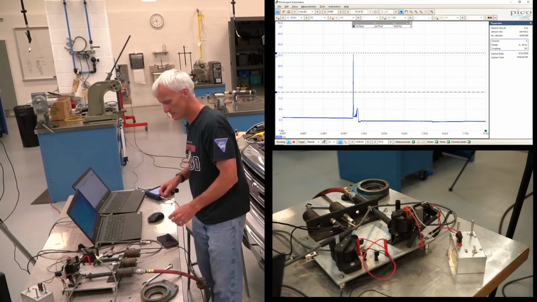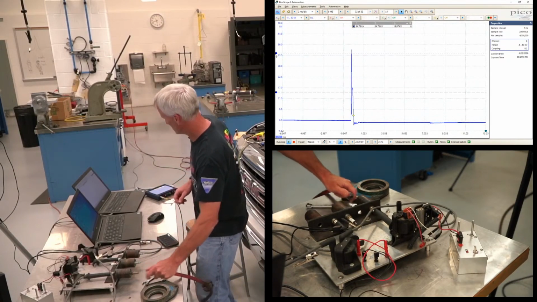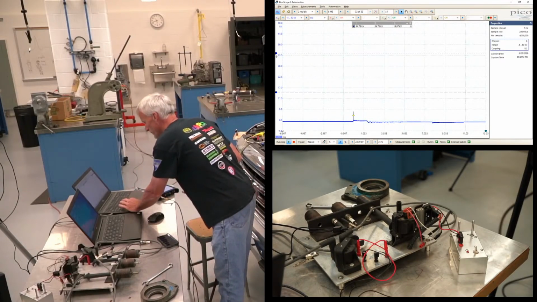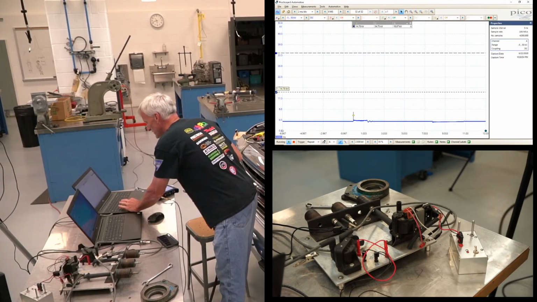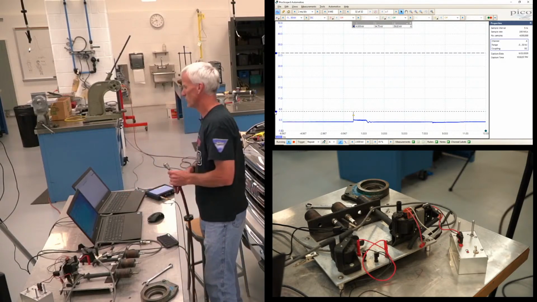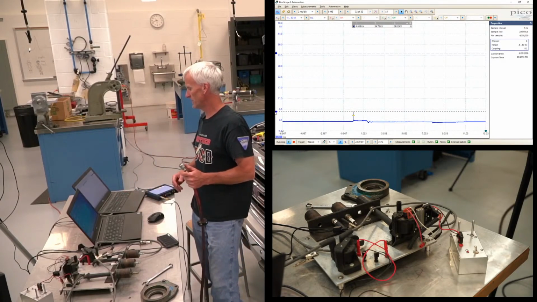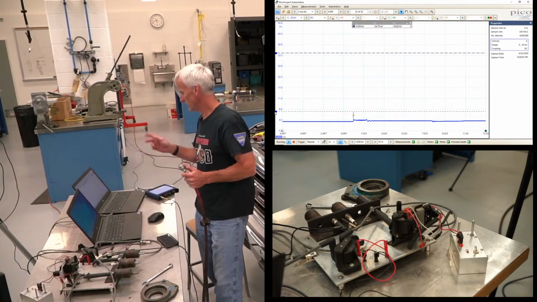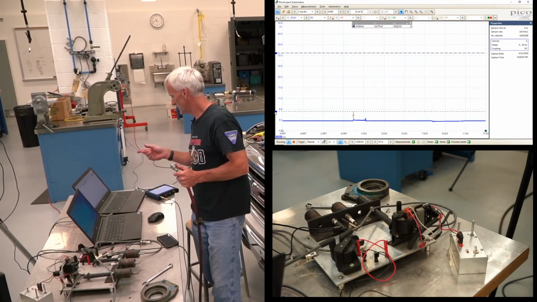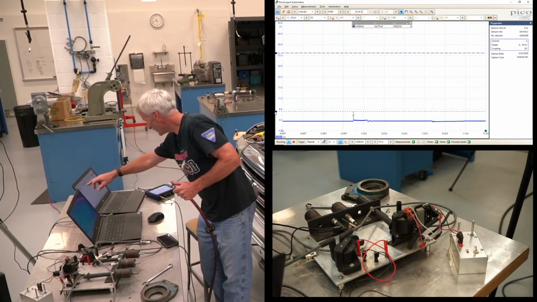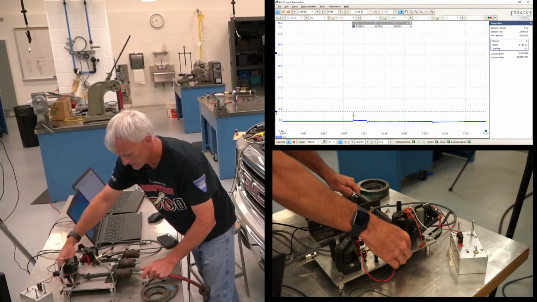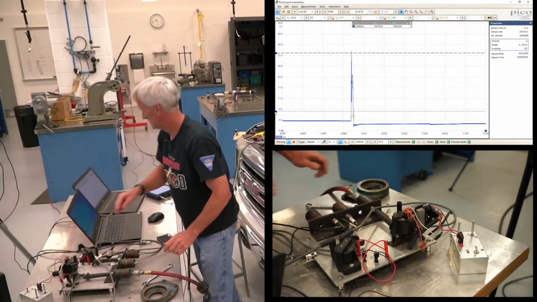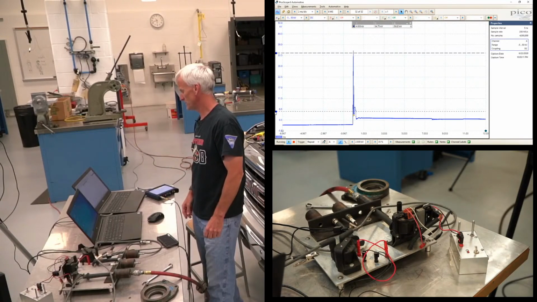I changed my scale, so let's take this off again. So you're seeing the effects of just compression on the actual amount of voltage that it takes to fire that plug from the coil. It goes from 5,000 volts to 35,000 volts.